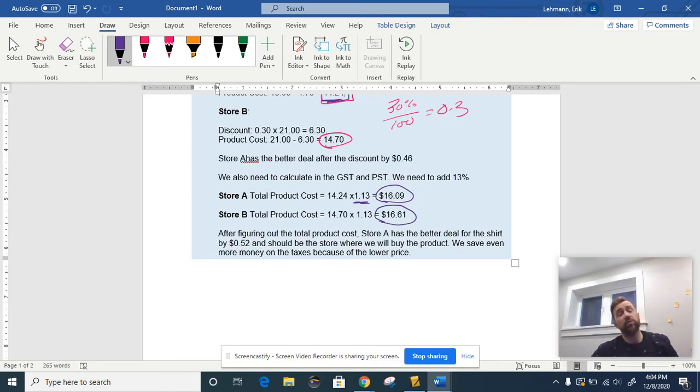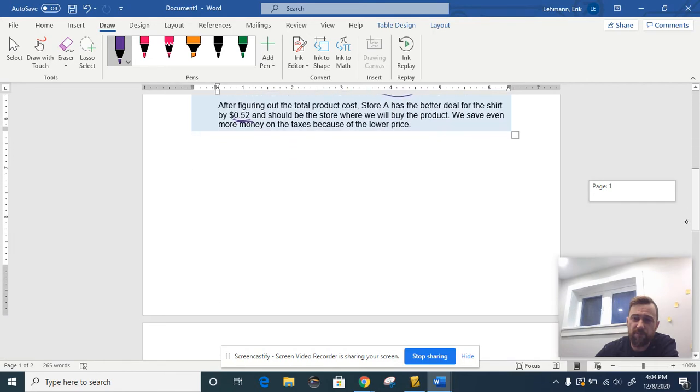What I'm pointing out is you pay tax on the difference in price, so you are saving a little more than you wanted. Store A has a better deal for the shirt at 52 cents, so it should be the store where you buy the product. Why? We want to save money wherever we can. Why would you pay more for the same thing?